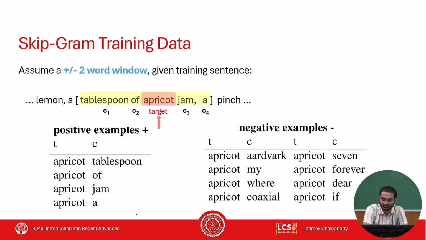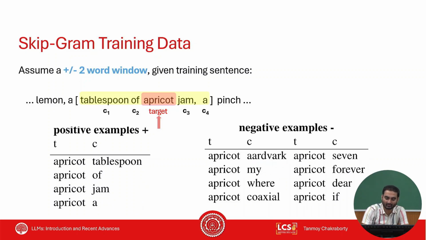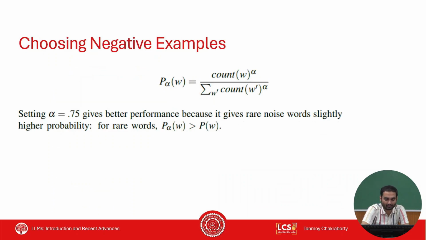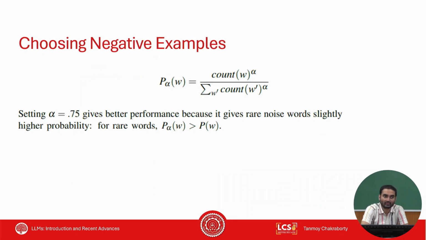We sample k negative instances from the remaining documents, for example apricot artwork, apricot my, apricot where, apricot if. These are all negative instances. Then I train the logistic regression so that the positive pairs are classified apart from the negative pairs.